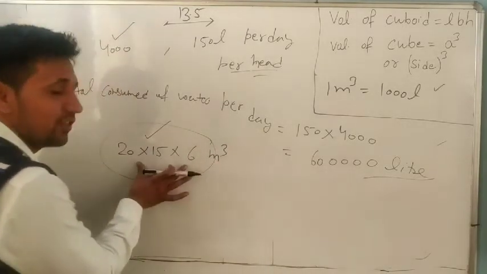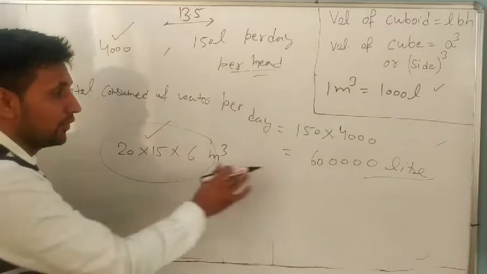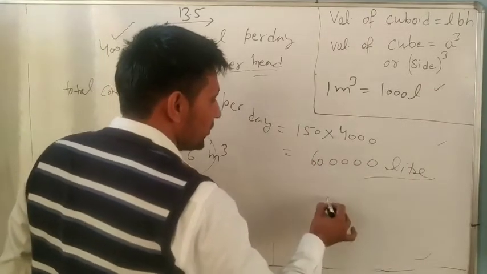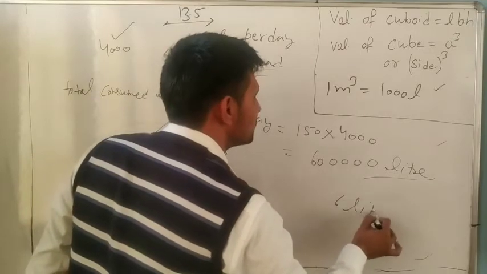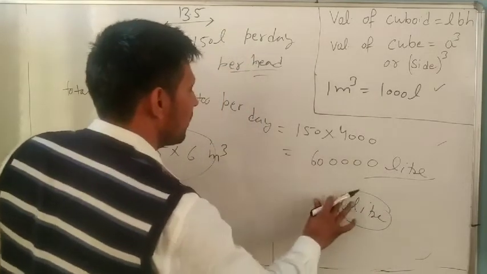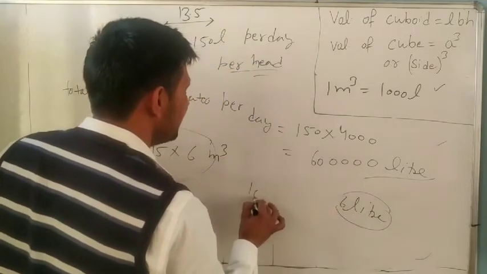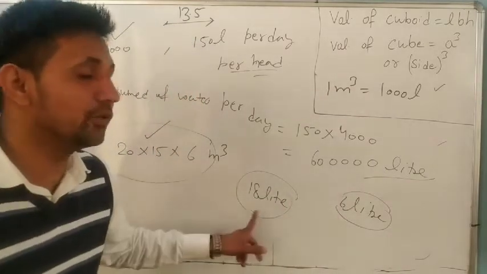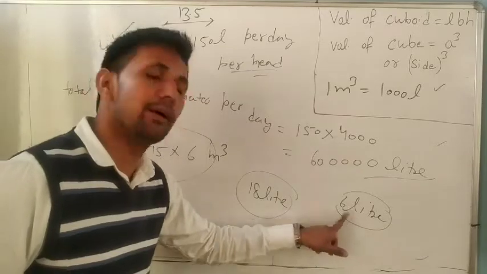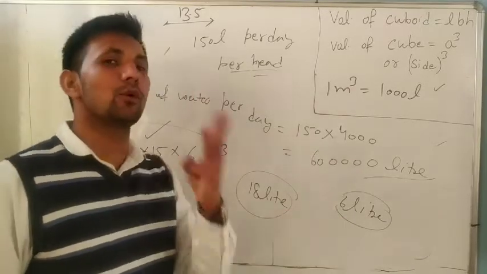We will change it into liter. You know, suppose every day you use 6 liter of water and you have 18 liter of water. For how many days will it last? It is 18 divided by 6, so 3 days.